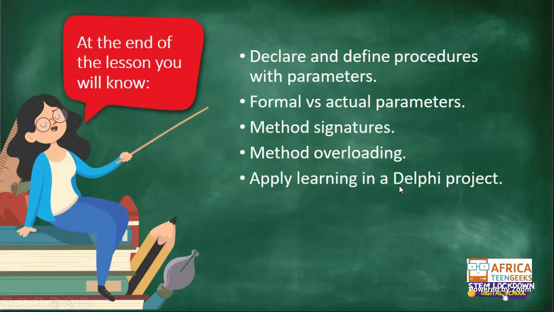So today we're going to look at procedures with parameters. We're going to look at where I declare them and how I define them and how they differ from the ones without parameters. Then we're going to look at the different types of parameters, the formal and the actual parameters, and see how they fit into the scenario.